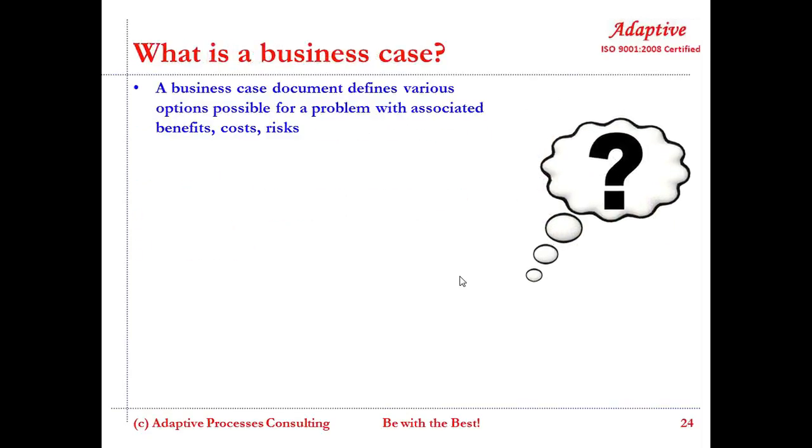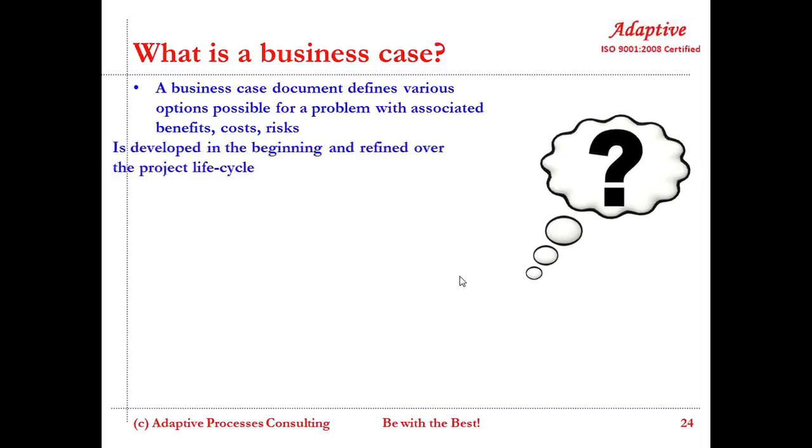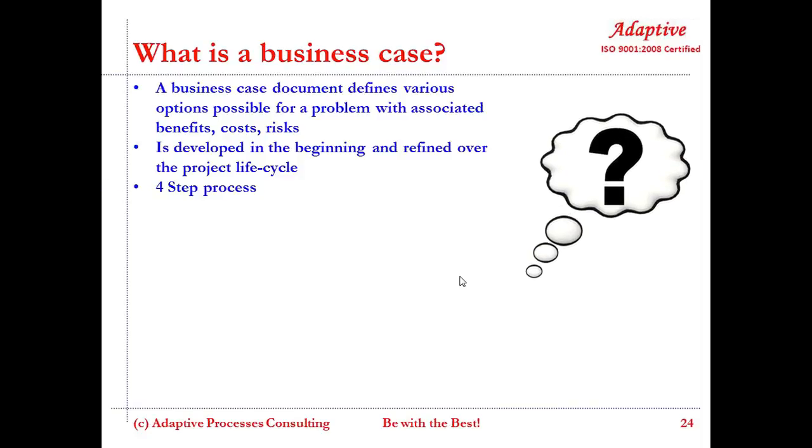Now, what is a business case? It defines various options for a problem that we are facing. It is always defined in the beginning. What are the steps that we follow? Identify options, shortlist, evaluate, recommend an option.